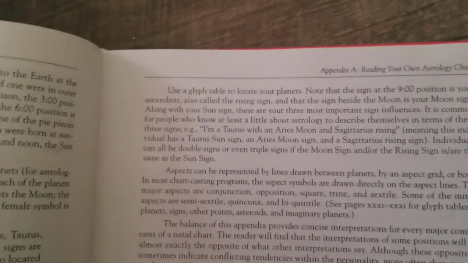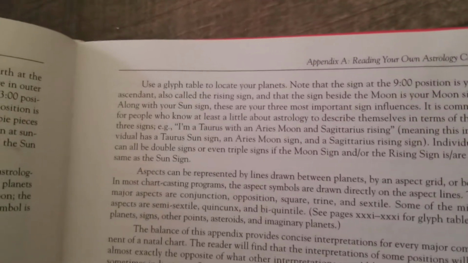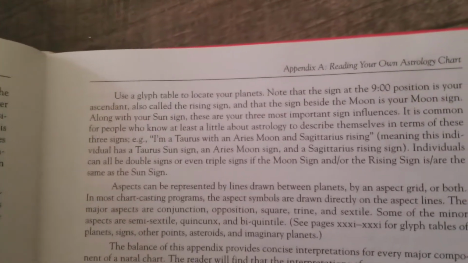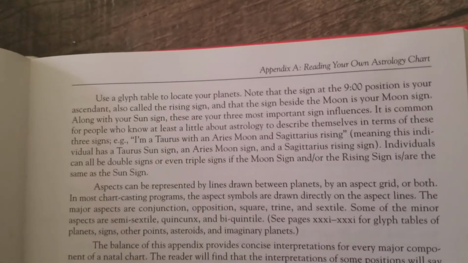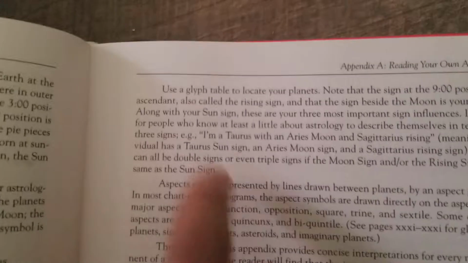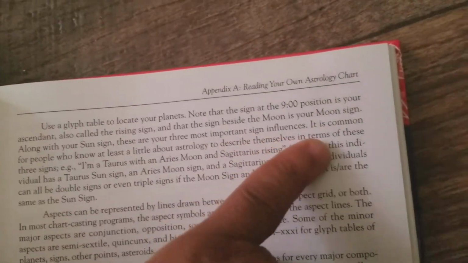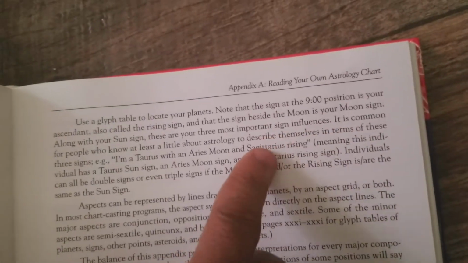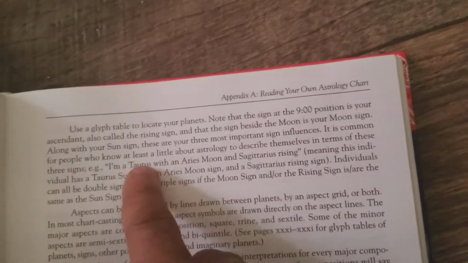Use a glyph table to locate your planet. Note that the sign at the 9 o'clock position is your ascendant, also called the rising sign. The sign beside the moon is your moon sign. Along with your sun sign, these are your 3 most important sign influences. It is common for people who know at least a little about astrology to describe themselves in terms of these 3 signs.